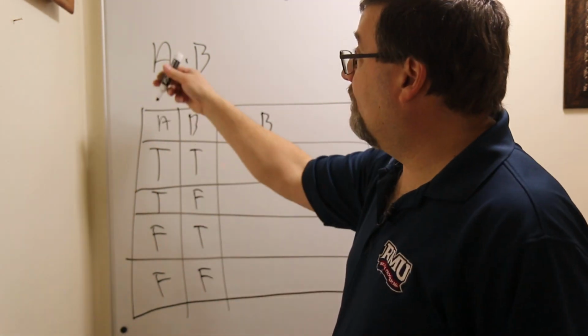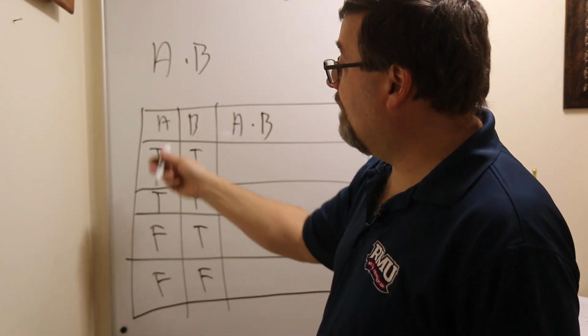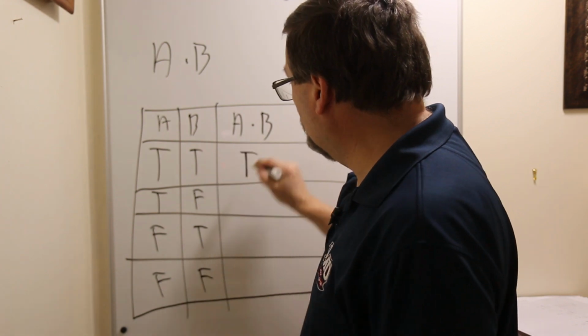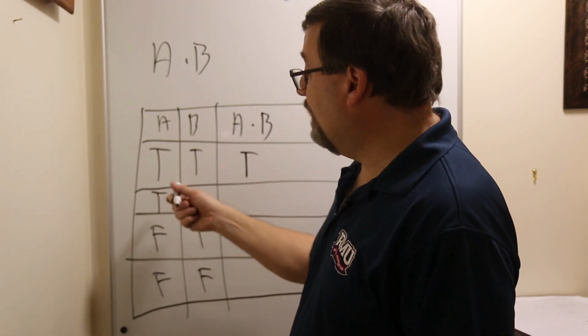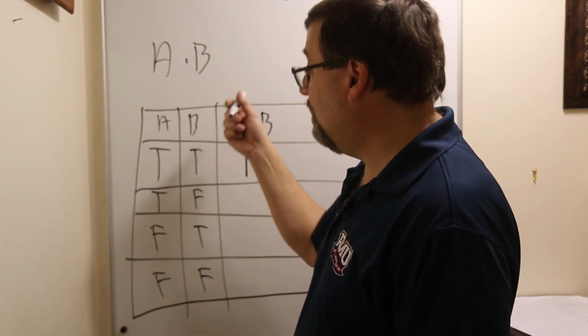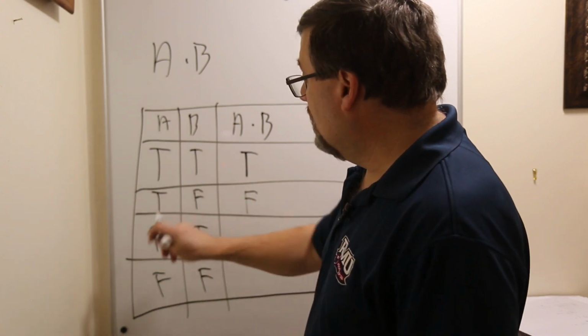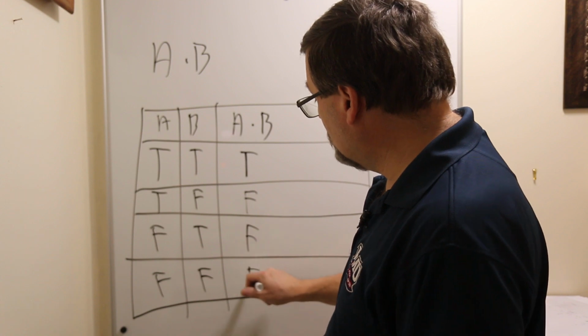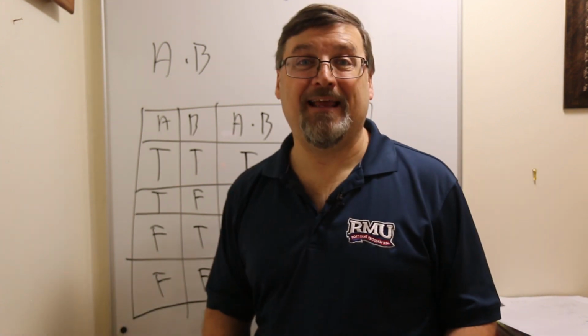So for A and B, we have true and true, and are they both true? Yes, so that's true. True and false, is that A and B? No, that's false. False and true is false. False and false is false as well. So that's our AND statement for our simple truth table.